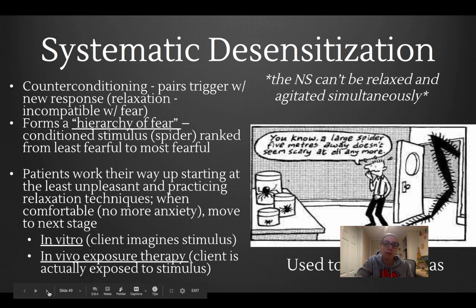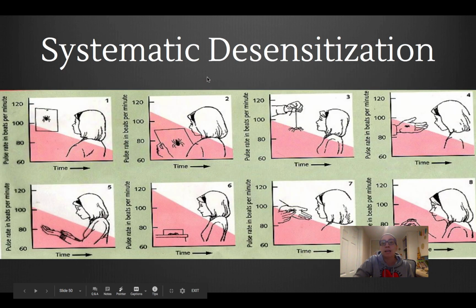For this individual, seeing a spider even from afar can elicit a very immediate and severe arousal of the nervous system, like a very intense, irrational fear. So the creation of a hierarchy might look something like this, where they are first picturing the least threatening version of that stimulus, which might be a picture of a spider across the room.